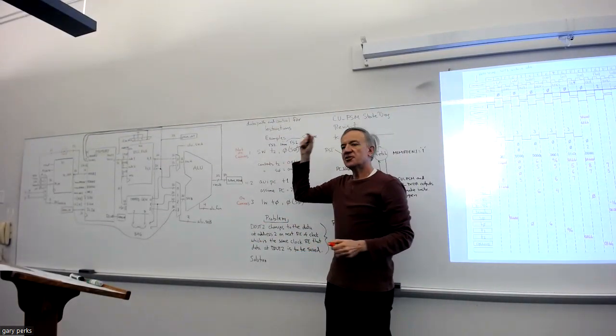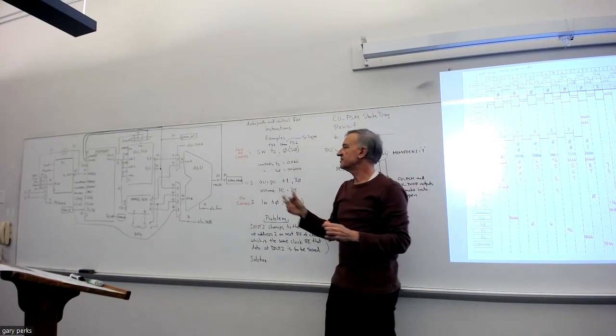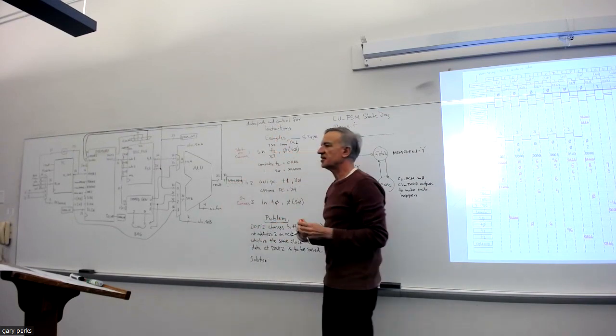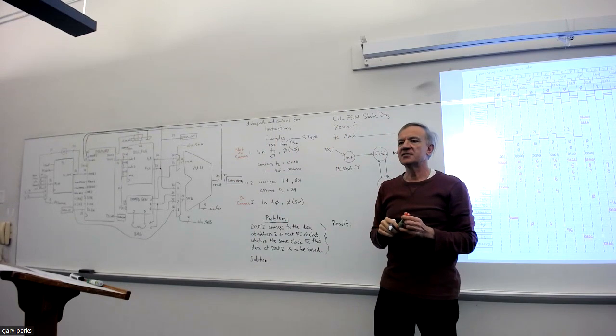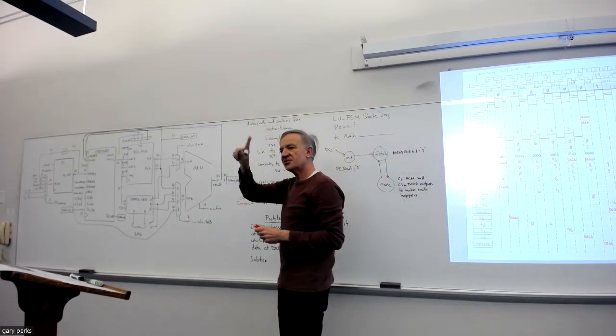So T2 is the alternative name for which register? Register 7. And how about S0? That's the alternative name for what one? 8. Okay. Does everybody see where to get this? Just look at that sheet.